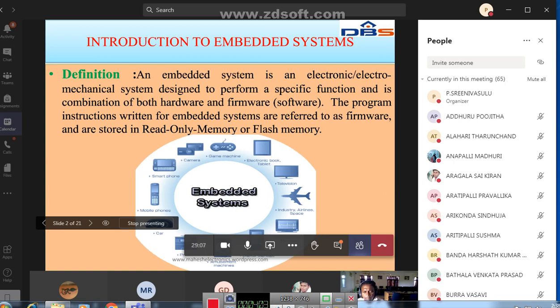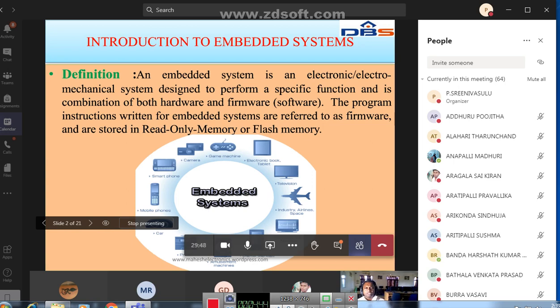Mobile phones, smartphones, cameras, gaming consoles, electronic tablets, the television industry, airplane industry, space industry, printers, and many others are embedded systems. Inside a car we have infotainment systems, which provide both entertainment and some safety measures. For example, when traveling on the road, you can get information about the traffic intensity at a particular location in the electronic system of the car.